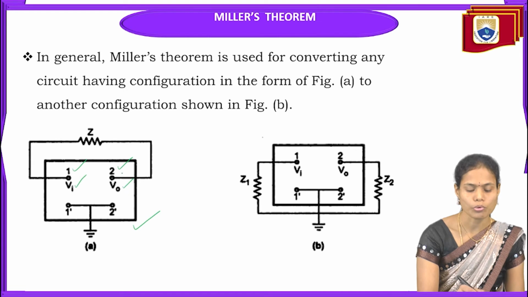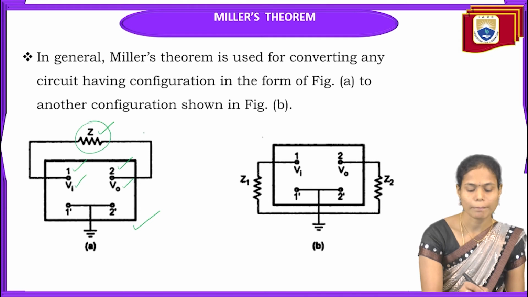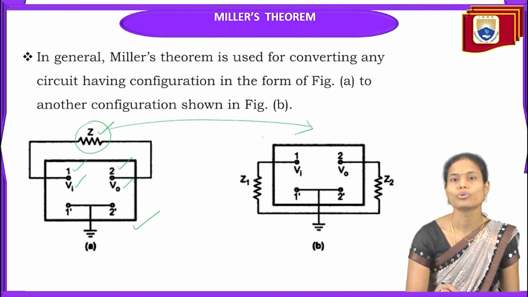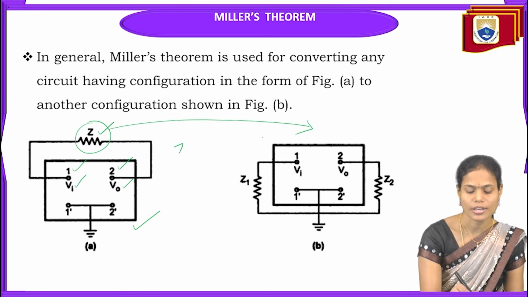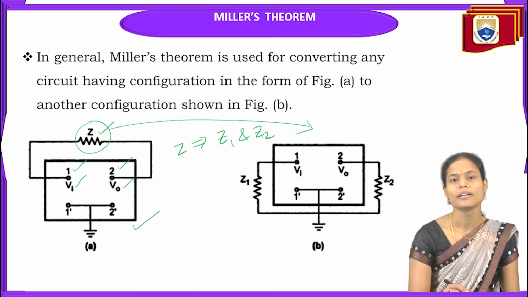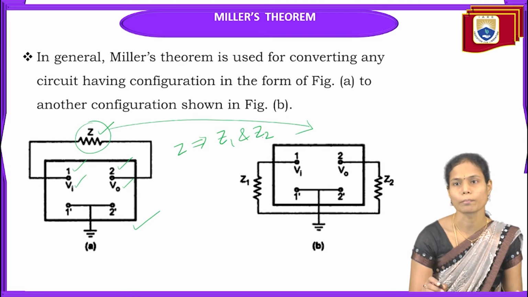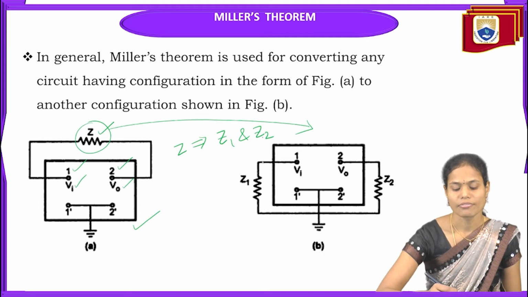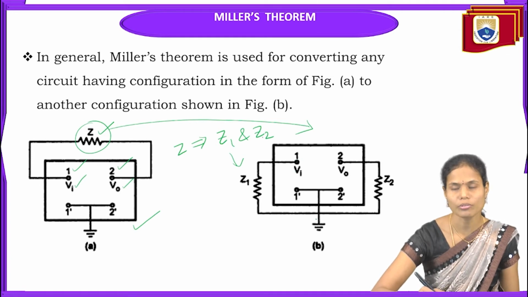Between these 2 ports we have the impedance Z. This impedance Z I am dividing into 2 impedances in the same circuit, that is, Z into Z1 and Z2, the impedance especially for the input port as well as the impedance especially for the output port. So the first divided impedance we represent between port 1 and ground, and the second impedance between port 2 and ground.